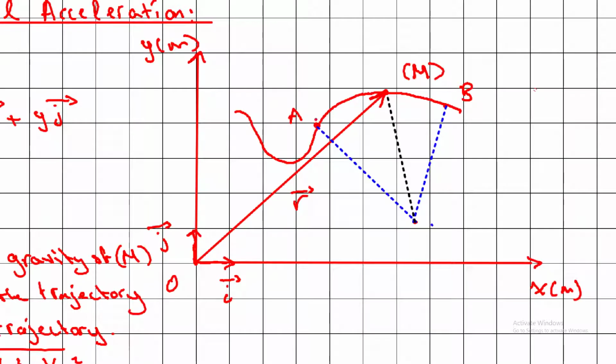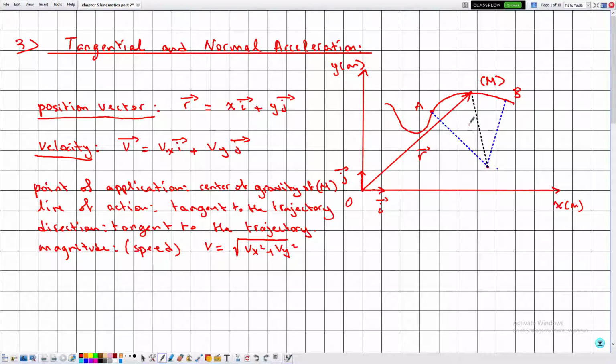So this trajectory from A to B can be considered as an arc of a circle of radius r.